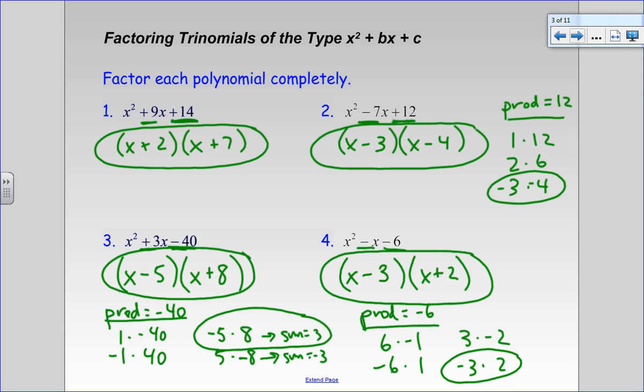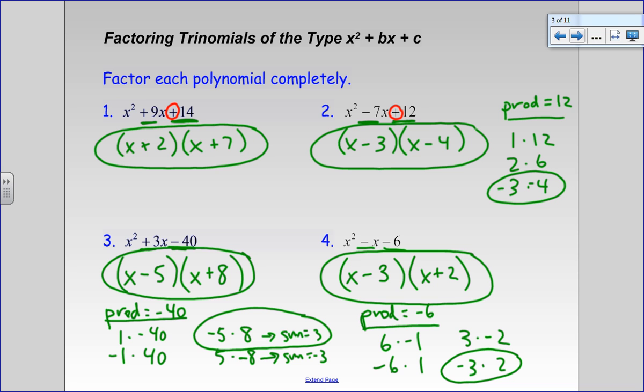Now let's summarize this a little bit and look at some patterns that are important. First, note that you can learn a lot from the sign of the constant in the trinomial. In these first two problems, the constant is positive. What that means is you'll need to either be multiplying two positive numbers together or two negative numbers together to get that positive result. How do you know whether you're multiplying two positives or two negatives?